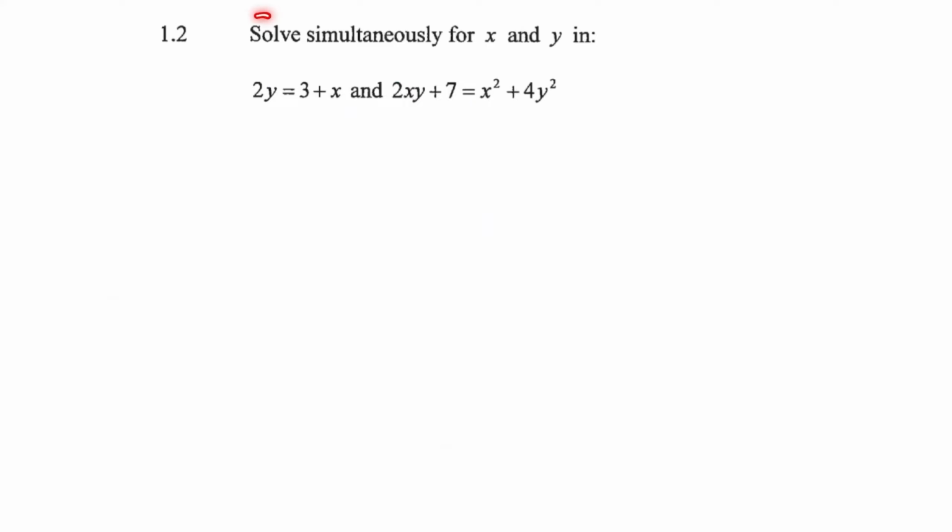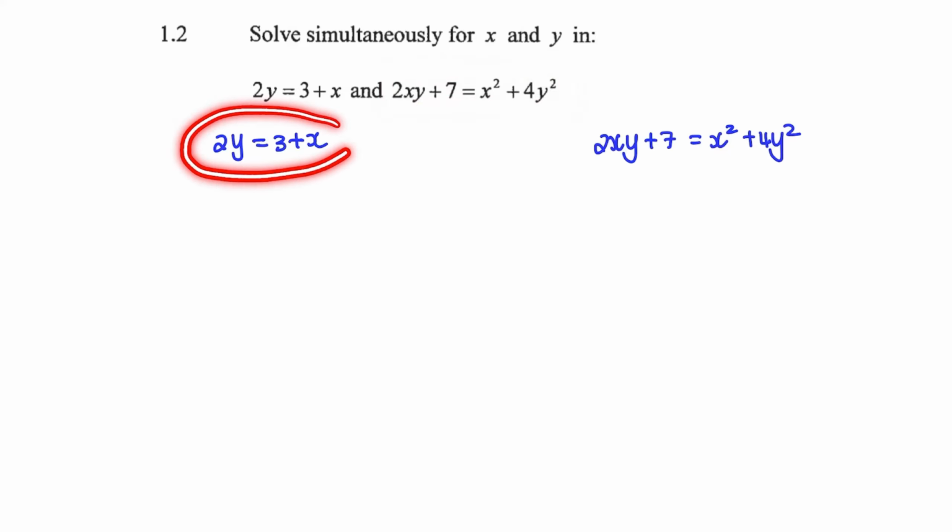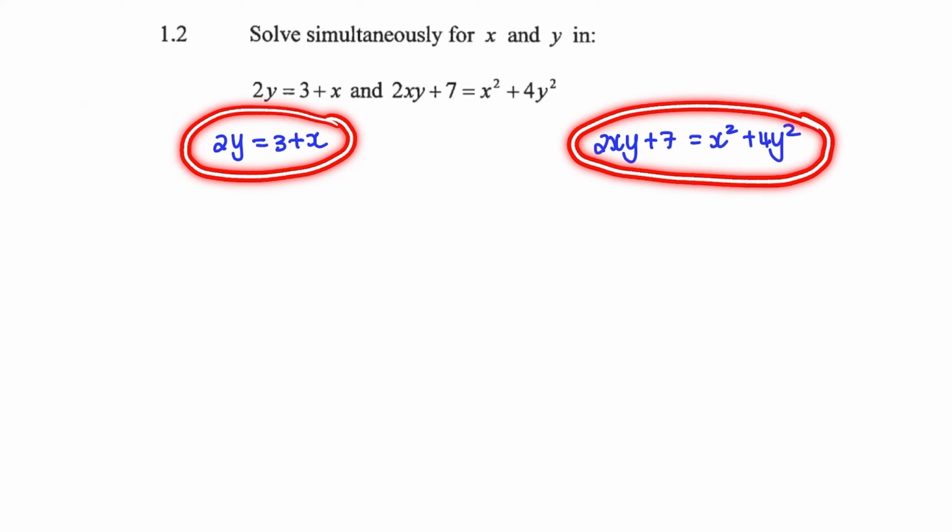Our next question is to solve simultaneously for x and y. So here we have 2y is equal to 3 plus x, and 2xy plus 7 equal to x squared minus 4y squared. Now in an examination, what I always prefer to do is to rewrite the equations onto my answer sheet.